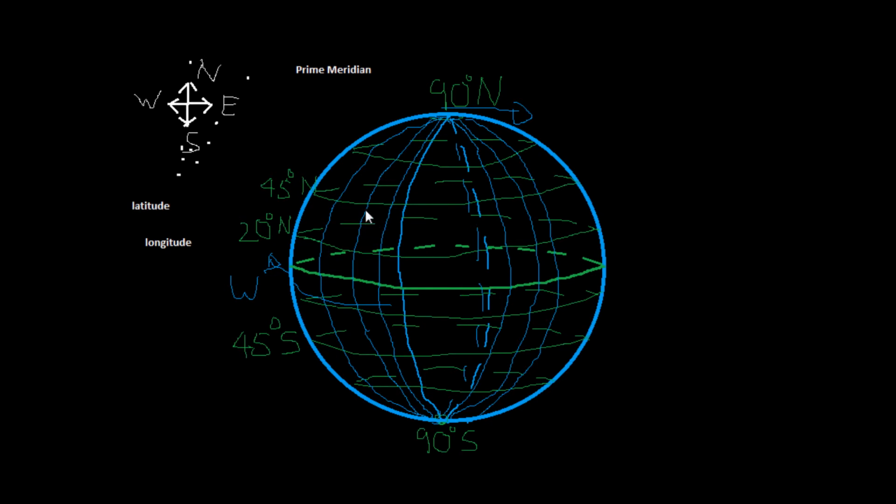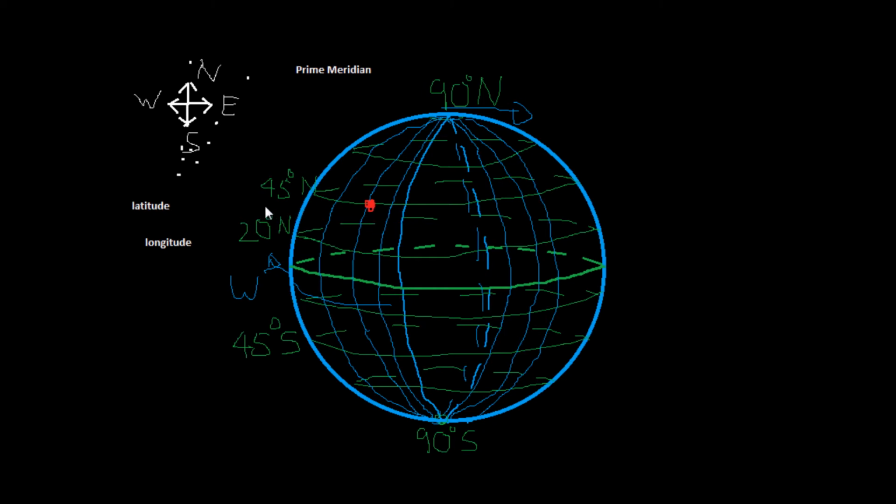What can we say, for example, of a point that is located right here? We can say that this point is located at 45 degrees north and about 20 degrees west.